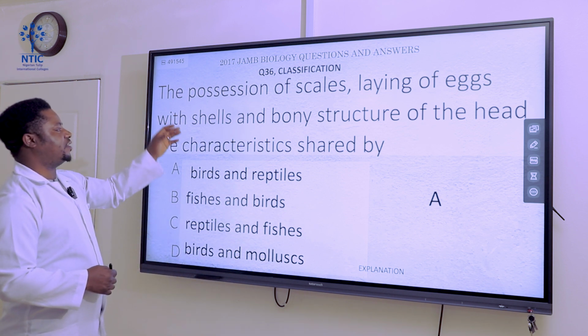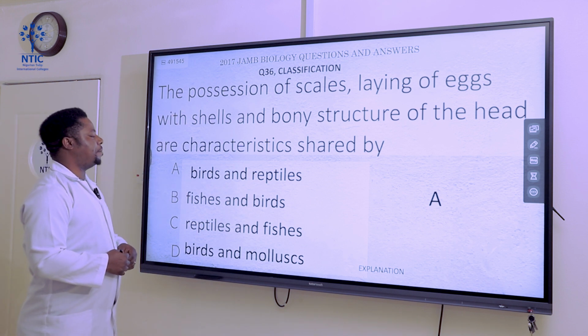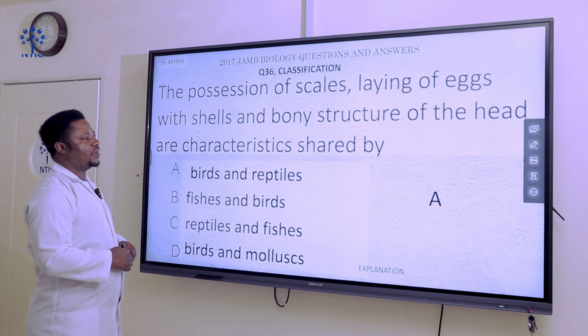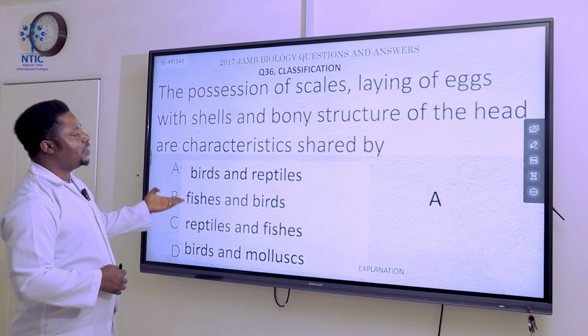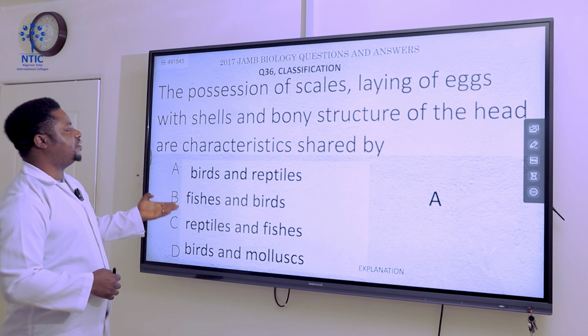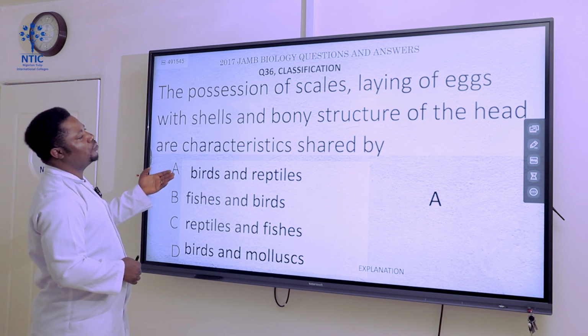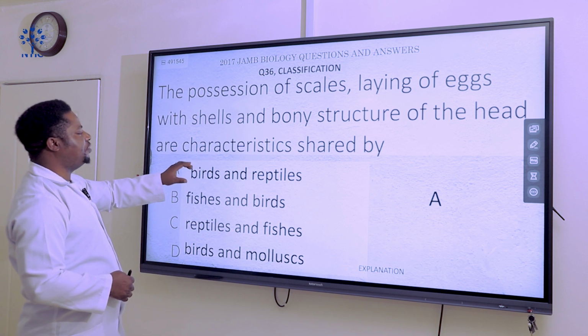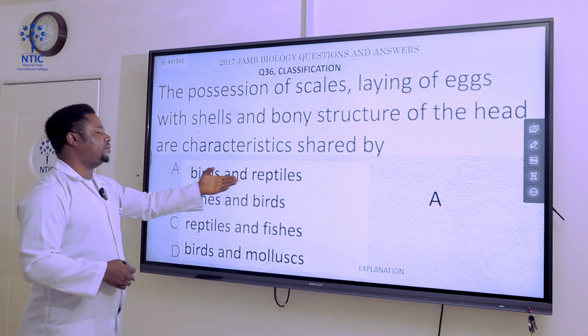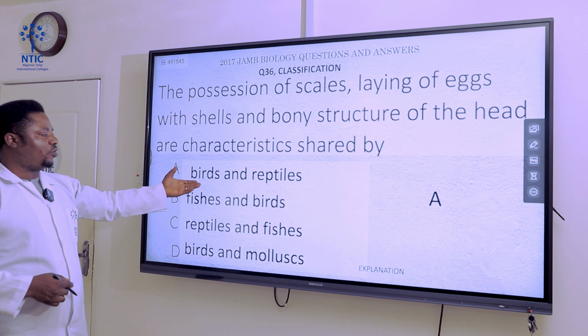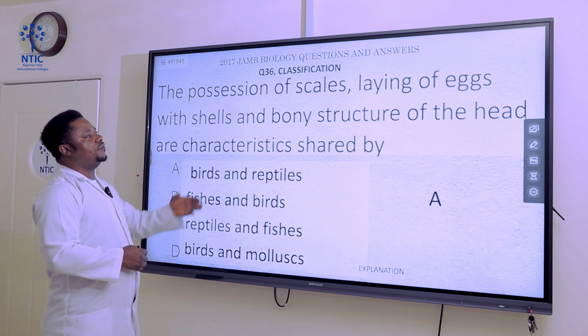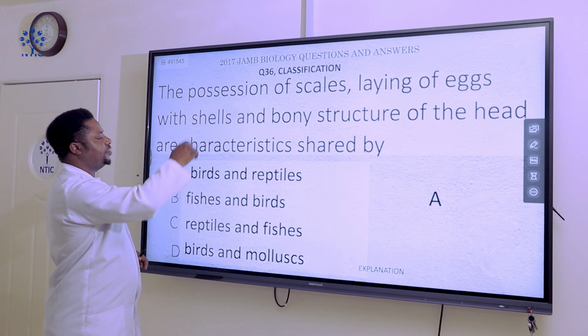The correct answer is birds and reptiles, because birds lay cleidoic eggs with shell, and they also have bony structures in their head. The same thing applies to reptiles. So both of these animals have the features mentioned in the question.